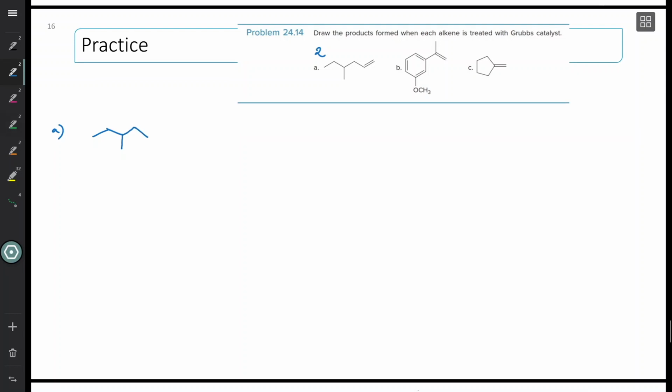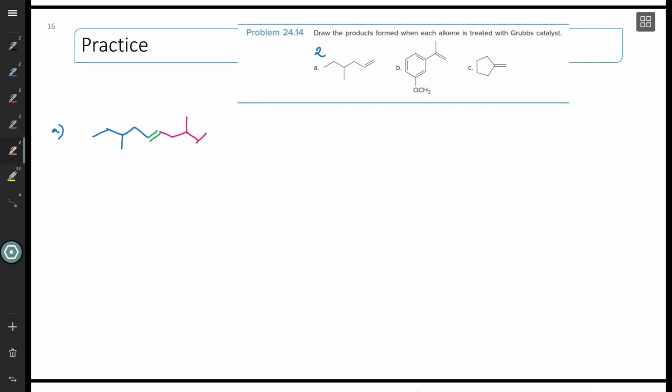And then there'll be a new double bond formed, and then the other half will be pink. 1, 2, 3, 4. 1, 2, 3, 4, and like that. So count your carbons.